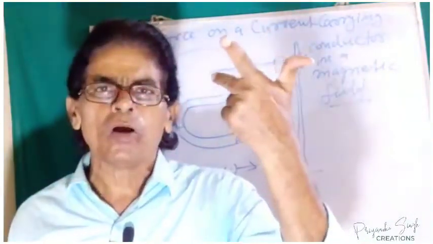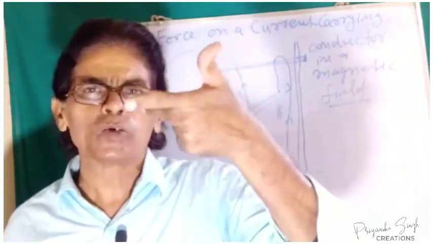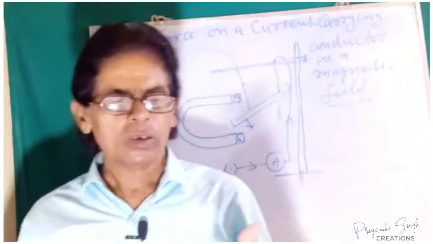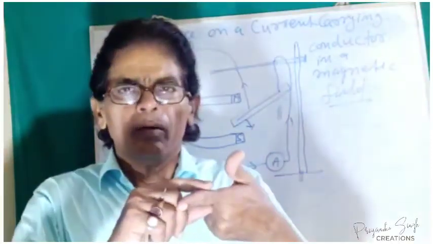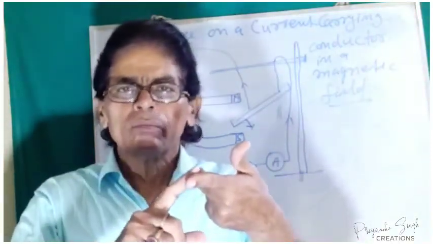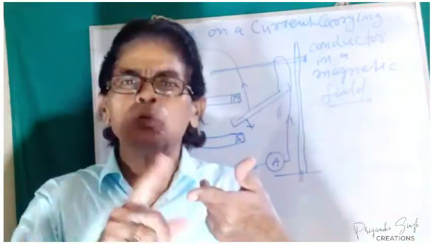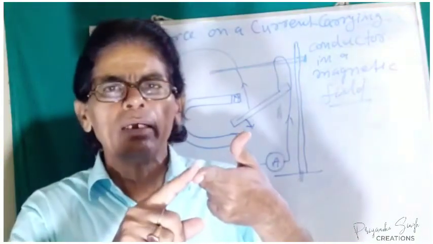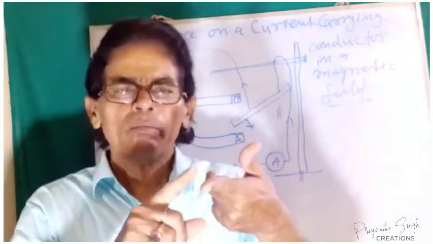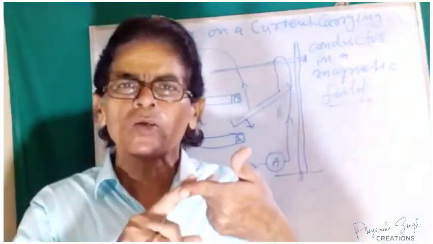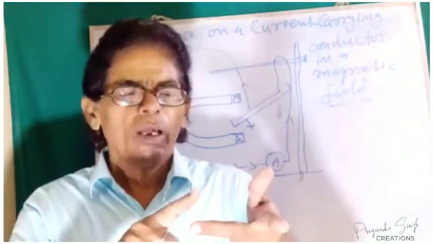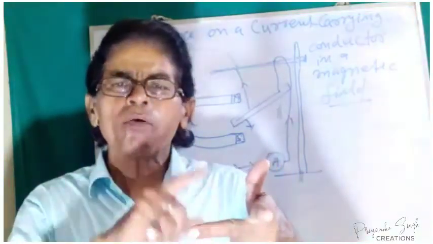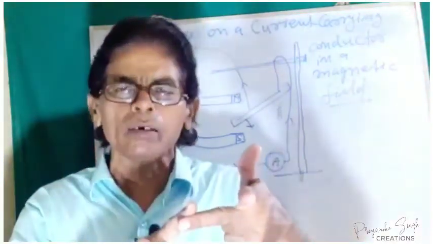If we stretch all the three at right angles to each other, such that the magnetic field lines due to the permanent magnet are along the forefinger. Means the forefinger points towards the direction of magnetic field. The middle finger points towards the direction of electric current passing through the conductor.